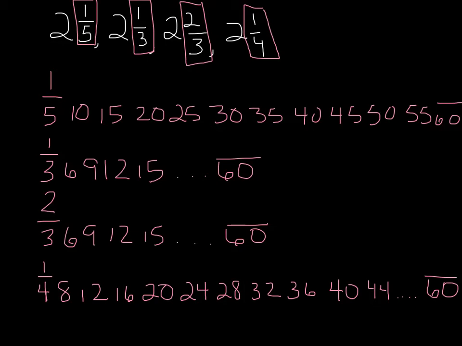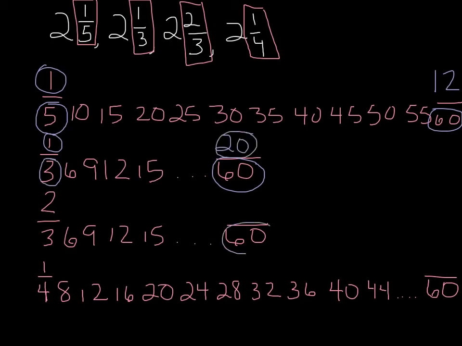Now I'm making a proportion, right? So I can take my 60 and cross multiply and divide with my 1. So 60 times 1 is 60, divided by 5 is going to be 12. And then I can take my 60 over here, 60 times this 1 is 60, divided by 3 is going to be 20.